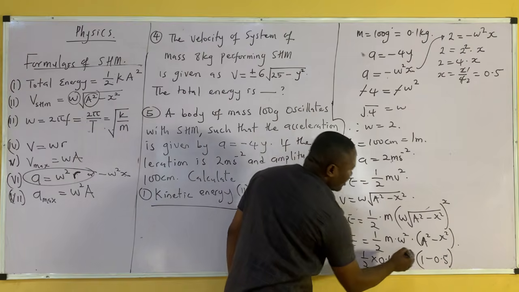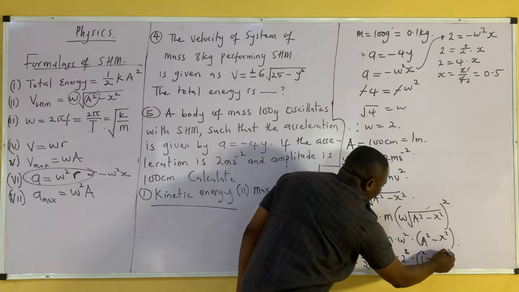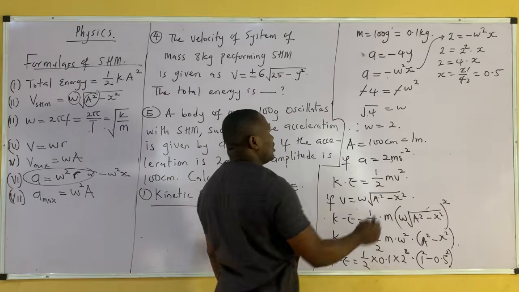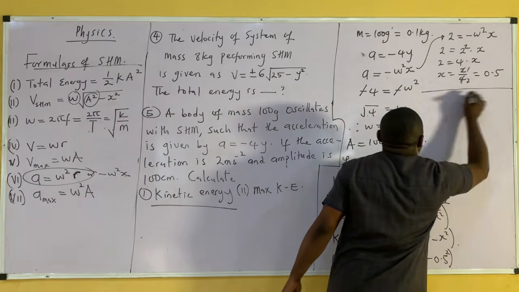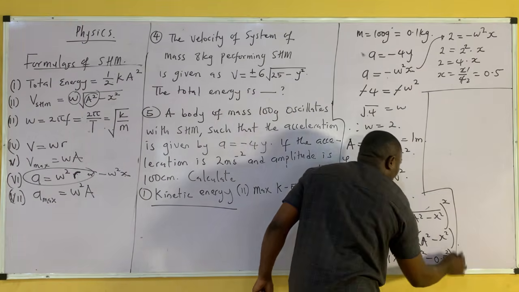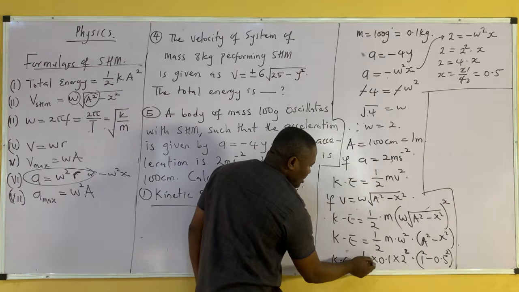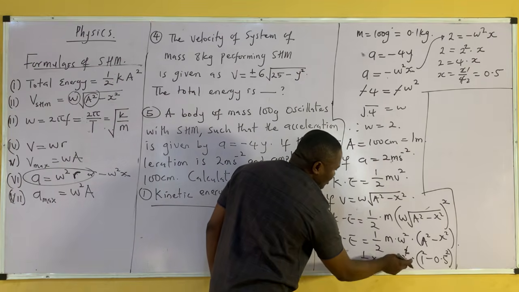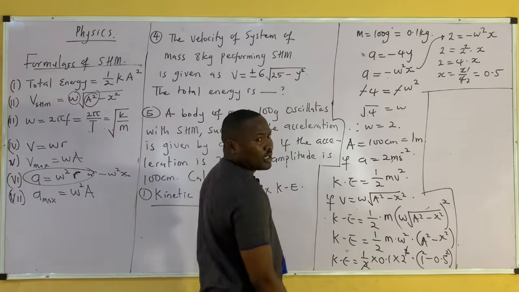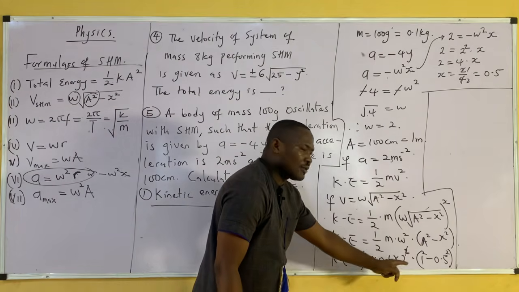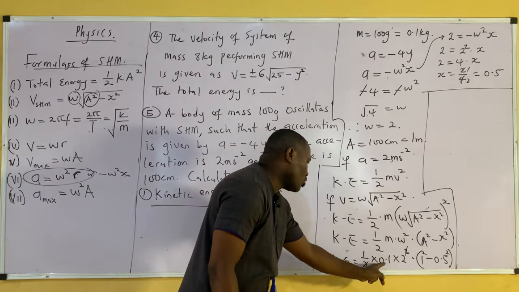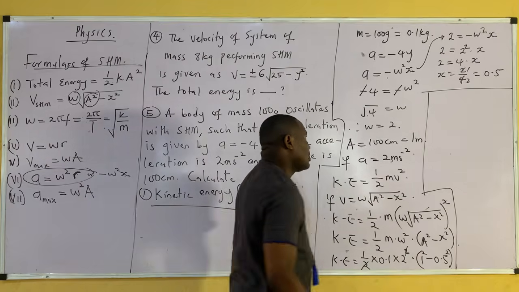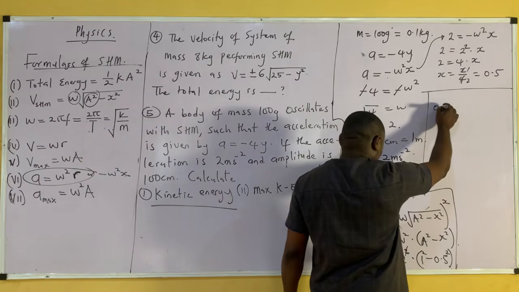Close the bracket. Now remember, there is a square here and a square here. So to solve this, this cancels out this. Remember, this is 4, so 2 cancels out 4, remaining 2. So 0.1 times 2 will be 0.2.